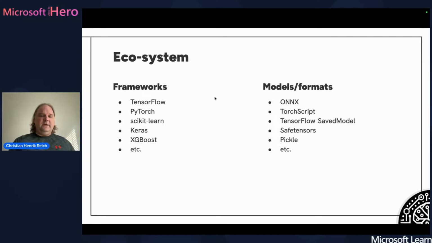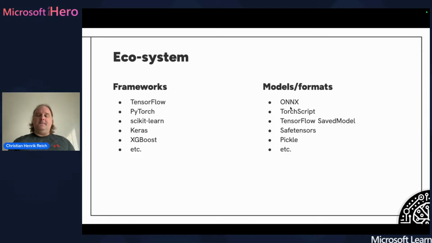We also have around the ecosystem a lot of frameworks now. TensorFlow is from Google, PyTorch is Meta, and scikit-learn is community, and most start with scikit-learn, and you can get very far with scikit-learn.